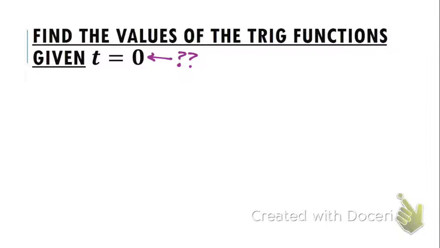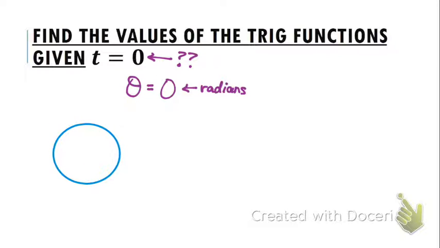That's exactly the same thing as asking me to find my 6 trig values when theta is 0 radians. So whenever you just see a number there, they're wanting you to find these values for our unit circle at that radian mark.